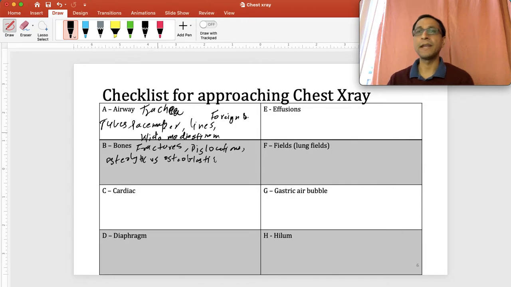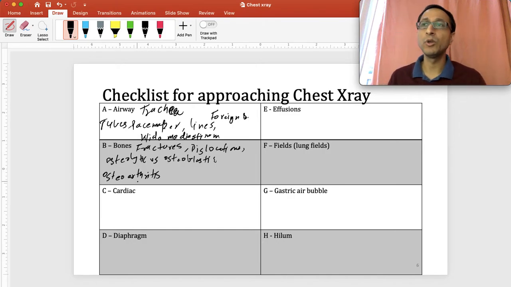So osteoarthritis, that's a big one. You could also look for subcutaneous air. Sometimes you can find air in the subcutaneous tissue due to some pathologies, foreign bodies, and clips, very similar to airways. Right? So under B for bones.